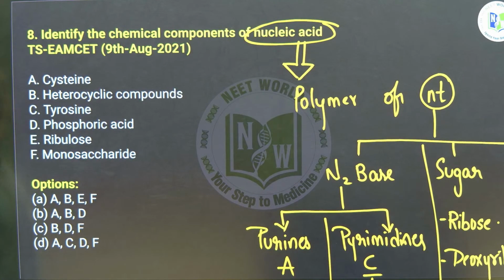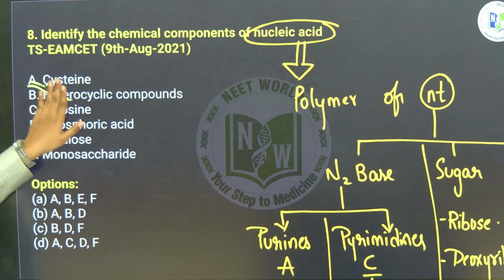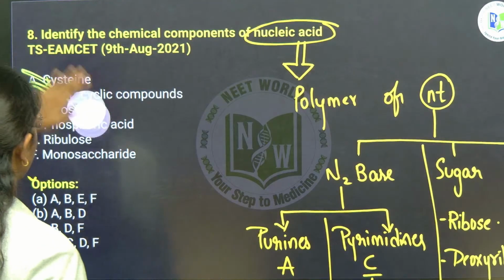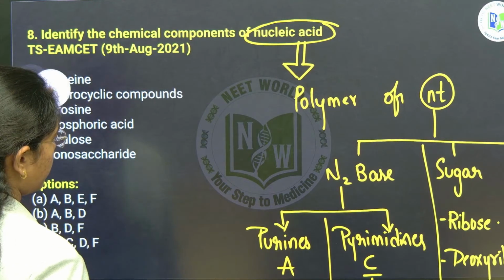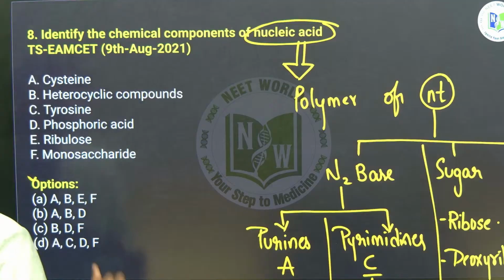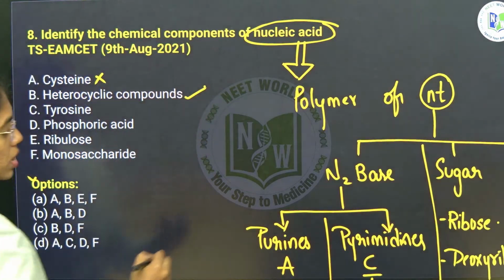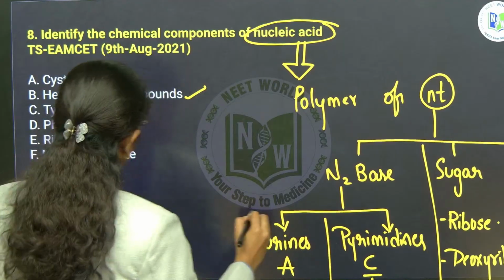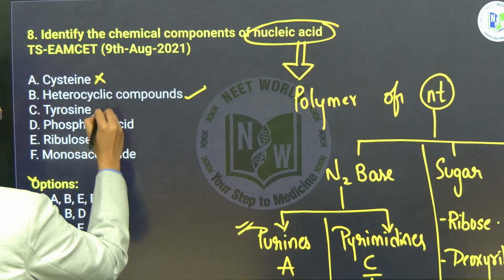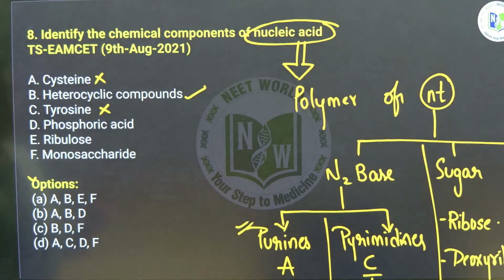If you observe it carefully, first you see cysteine, no, there is no role of amino acid here. Heterocyclic compounds are present because heterocyclic compounds are what? Purines. Tyrosine, there is no role of aromatic amino acid.